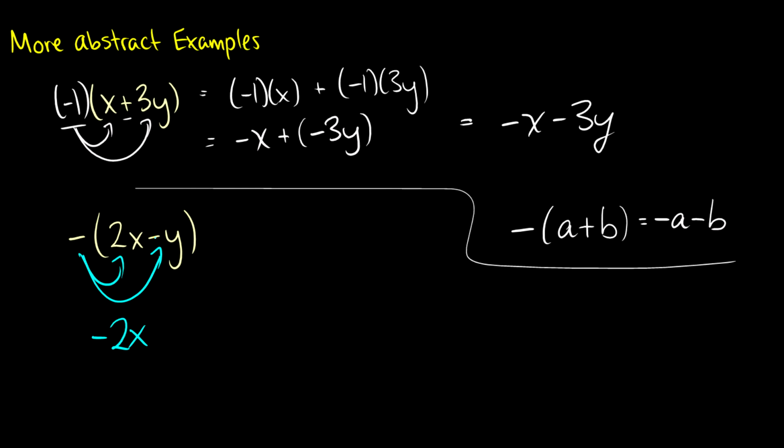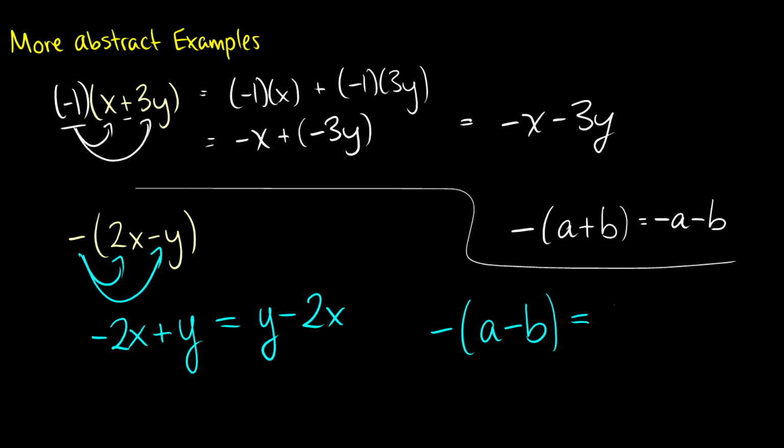Well, it's a negative times a negative, so we're going to get a positive y. So this will be negative 2x plus y, which we can write as y minus 2x. So in general, when we get negative (a minus b), this is just the same thing as b minus a. So here we had negative (2x minus y), and then we got y minus 2x.